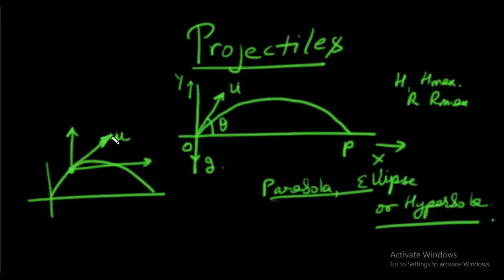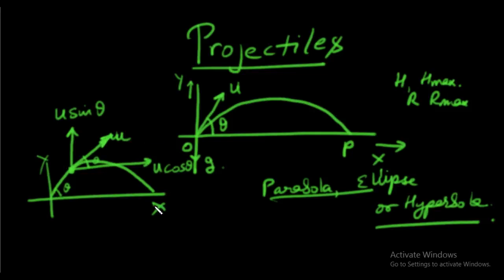This is theta because these two lines are parallel. This component is u cos theta and this component is u sin theta. So we have resolved the velocity in two components, along x and along y.